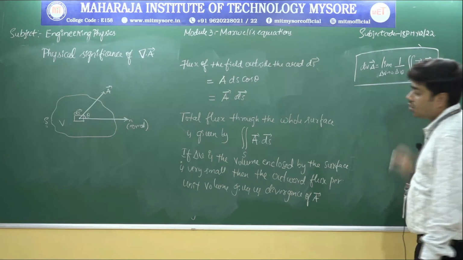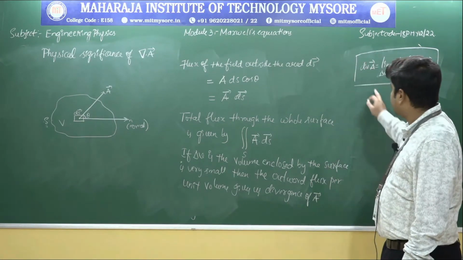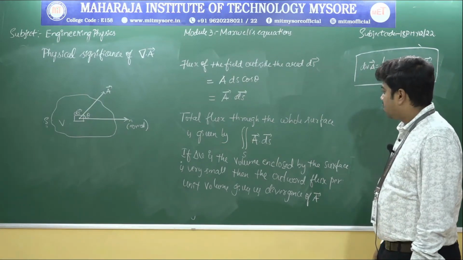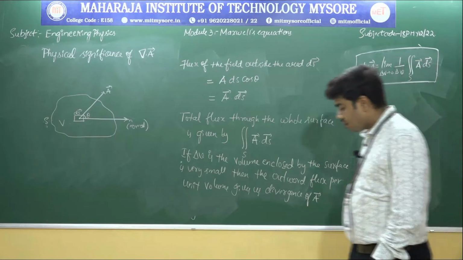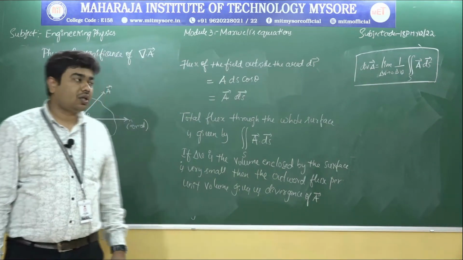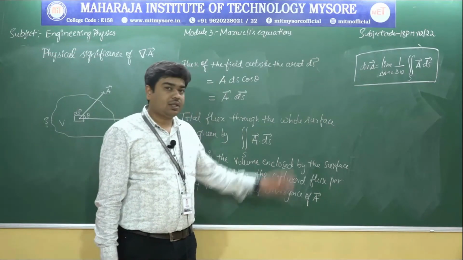So, this is the general expression for the divergence of a particular vector. As you can see from the equation, if you consider the divergence of a vector function, the resultant will be a scalar function. Now let us consider an example.